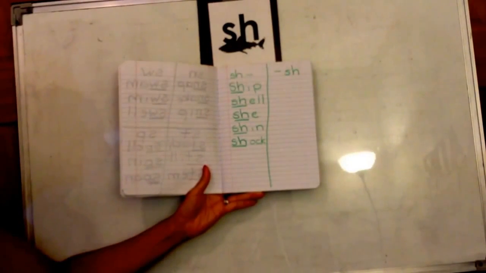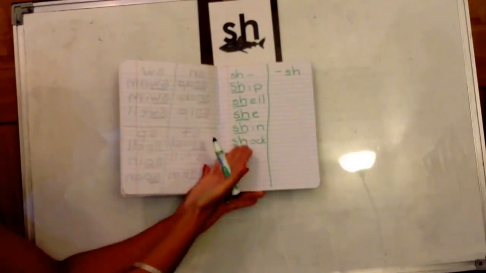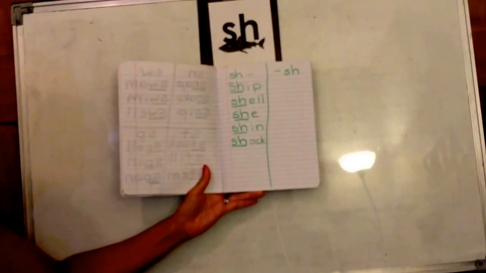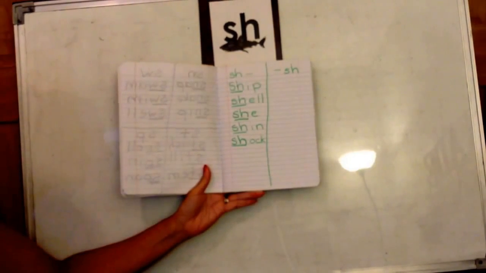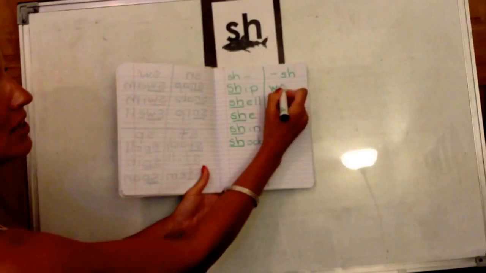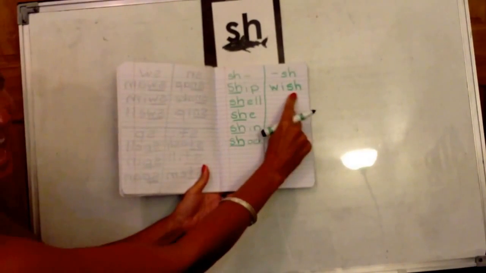Now, when writers listen for parts that they know, they just may not be at the beginning of a word. They can also be at the end of the word. So now let's practice writing some words where we hear Sherry Shark at the end. The first word we're going to write is the word wish. So I hear w, I, sh, and I hear Sherry Shark at the end.